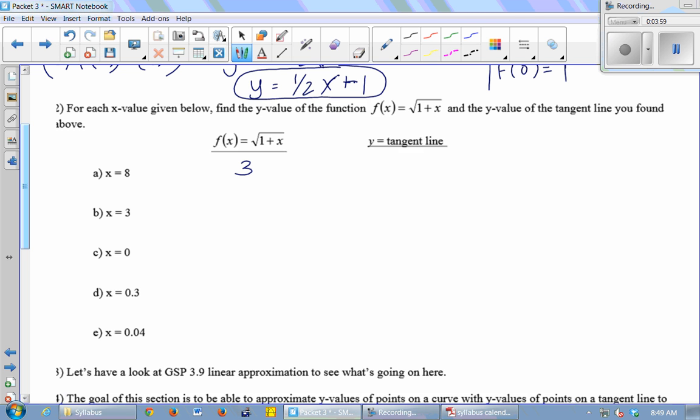What do you get if you plug 8 into this line? 5. 1/2 times 8 is 4, plus 1 is 5. Okay, what if I plug a 3 into this radical function? 2. And if I plug a 3 in here, half of 3 is 1.5, plus 1 is 2.5.